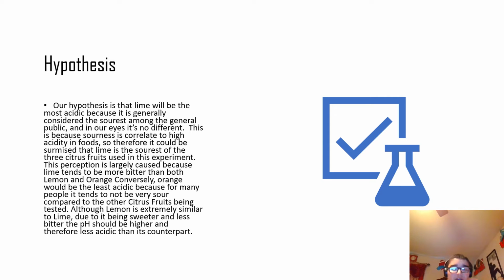I mean, it can be a little bit sour as well, but there is a sweetness to it compared to lime, which is more bitter. Orange is very similar. It has a very sweet taste to it, but it's definitely much less bitter than lime. And we think it'll be the least acidic of the three of them, and therefore it should be higher on the pH scale because of it.